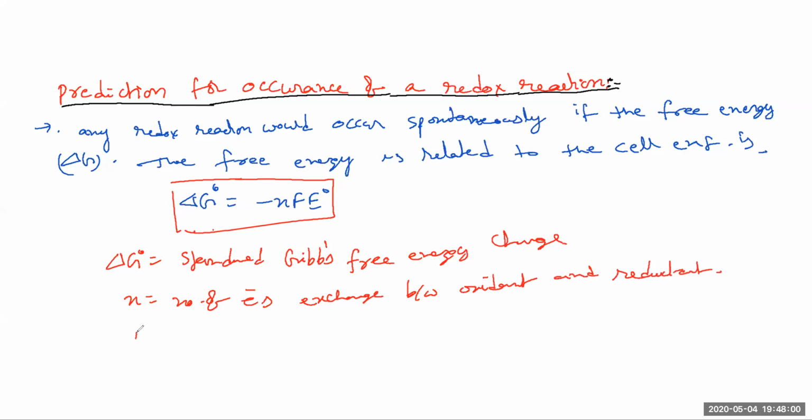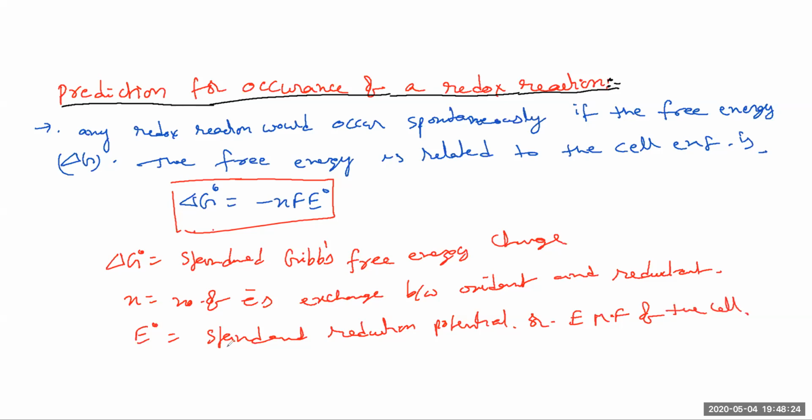F is Faraday. E naught is standard reduction potential or EMF of the cell. Okay, that is the standard E naught.